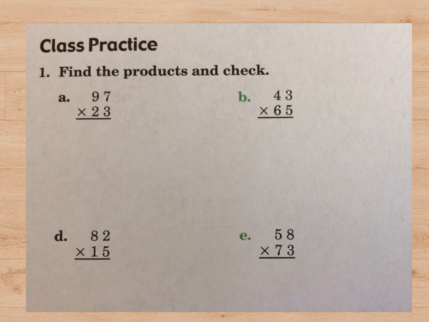Oops, I lost it. I need to start again here. 3 times 7 is 21. 3 times 9 is 27, plus 2 more, 29.